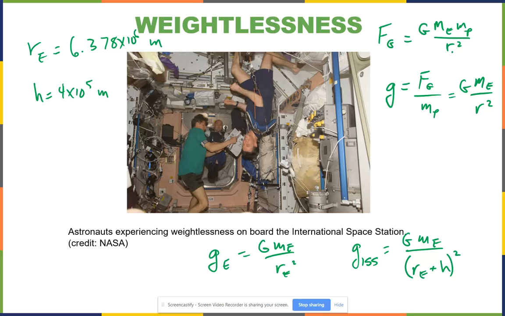And we do these calculations: g on the International Space Station divided by g on Earth, the G and the M_E are both going to cancel.